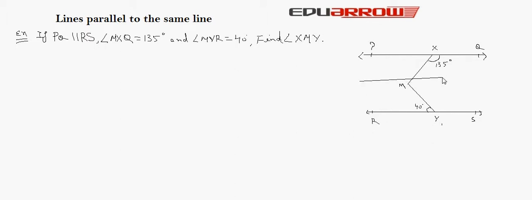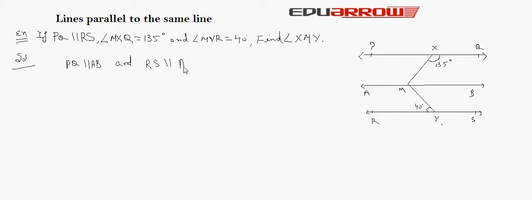To find angle XMY, let's draw a parallel line AB such that PQ is parallel to AB and RS is parallel to AB.